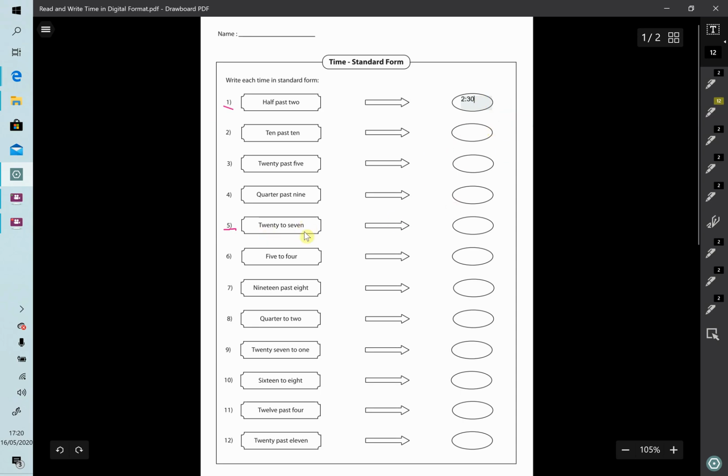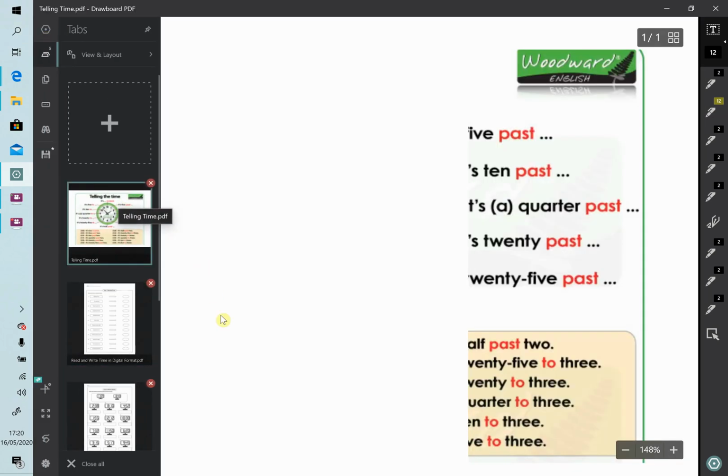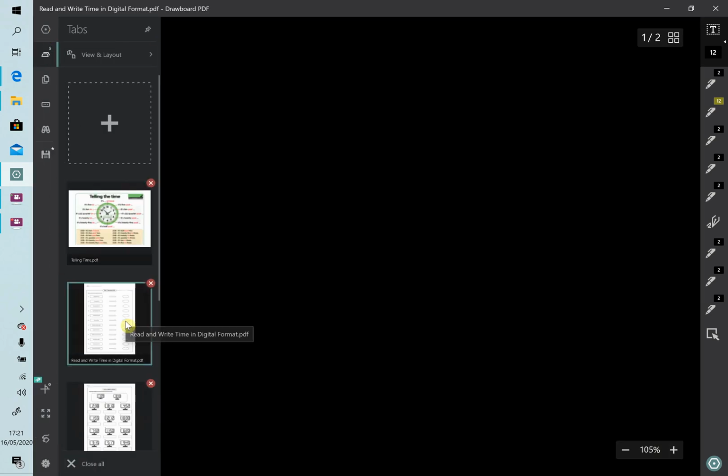And the next one, so if I go back on the clock that I have in front of me, we have 5, 10, 15, 20, 25, 30, 35, 40. We're talking about the 40th minute.